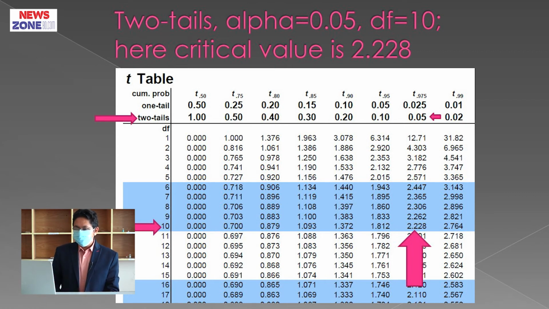So, critical value is 2.228 and our t value is minus 2.508. We shall ignore the negative sign now and compare both values. We see the t value is larger than the critical value on the table. So, we can say that our difference is statistically significant. So, these two means are statistically significantly different.